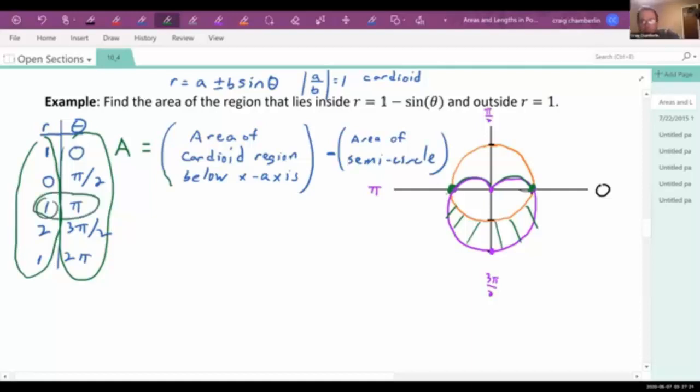That's the value of theta that gave us this point, right? So after it gets to pi, then the r values dip down here, and they point in this direction, below the x-axis, don't they? And then we get back to this point as theta goes from pi to 2 pi. So that's how you can get your limits of integration.